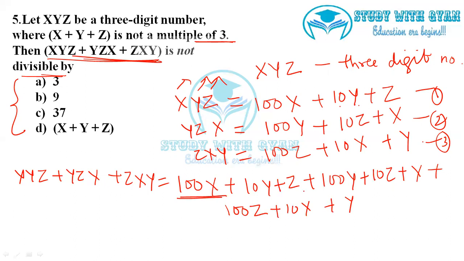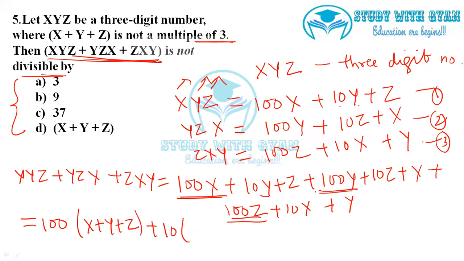So just add all the 100 terms like 100x, 100y and 100z and take 100 as a common part. So 100 times x plus y plus z. Again take 10 as common, then y plus z plus x, and 1 as common, then z plus x plus y.